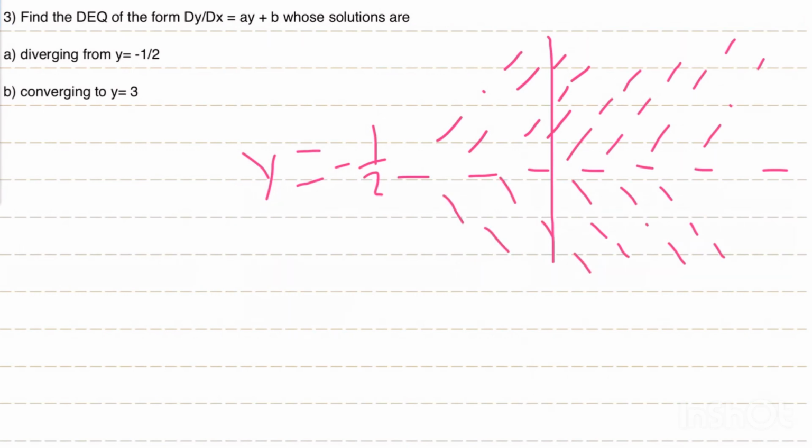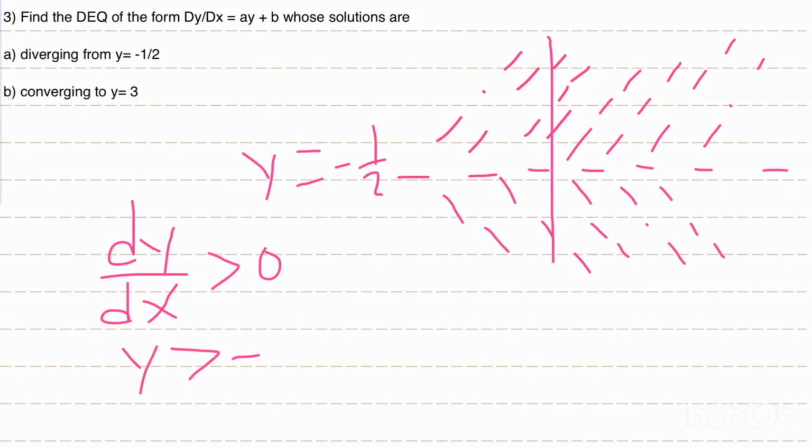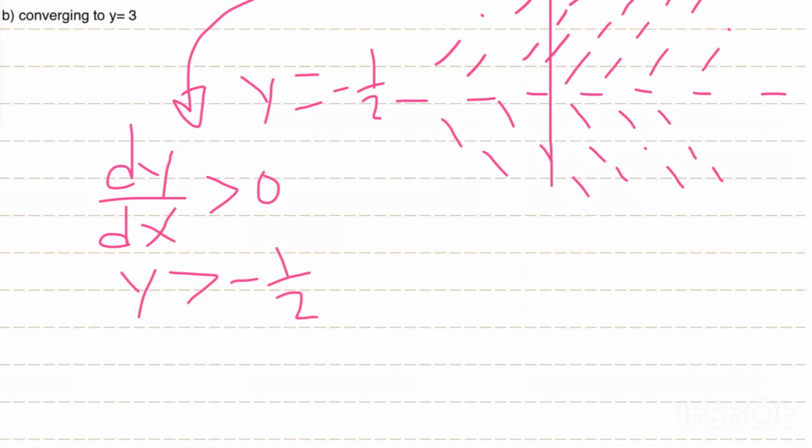So now we can establish that dy/dx is greater than 0 when y is greater than negative 1/2. And we get that by looking at the slopes. Here, since the slope is positive, since it's going to infinity, dy/dx is going to be greater than 0, and this is above negative 1/2.